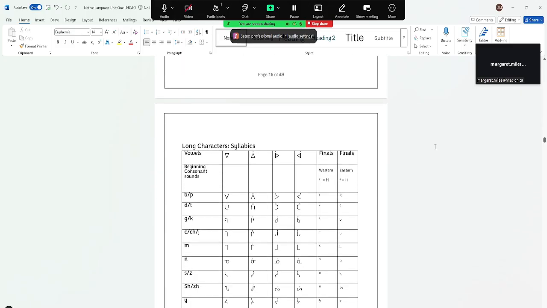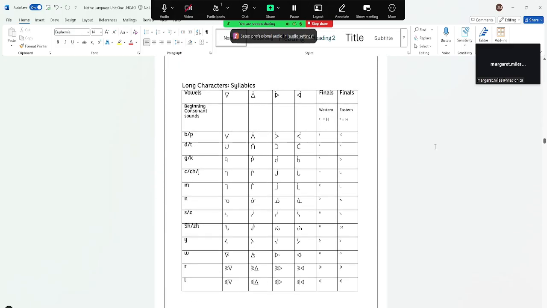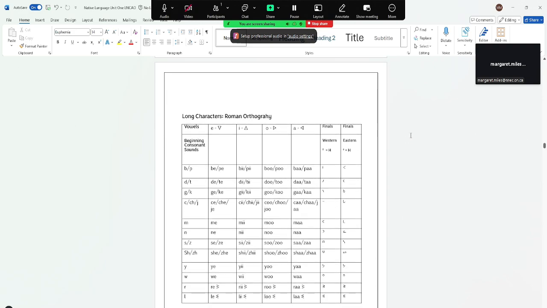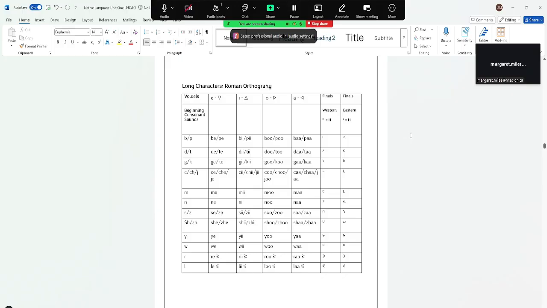The next example chart is the long characters, and it is written in syllabics. Long characters. And the third one is long characters in Roman.